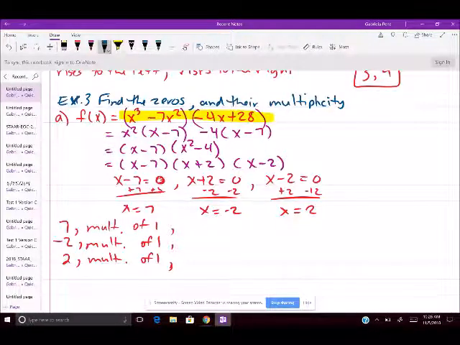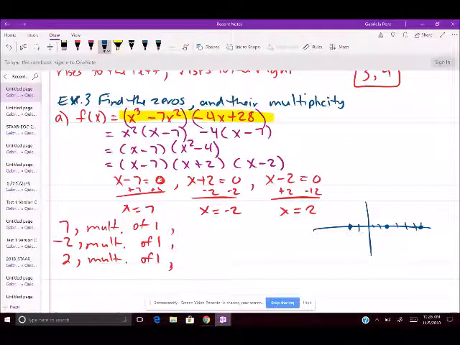And I'm just going to do a little sketch of what's happening here, at 7, at 2 and at negative 2. So when you graph it, what does it look like?